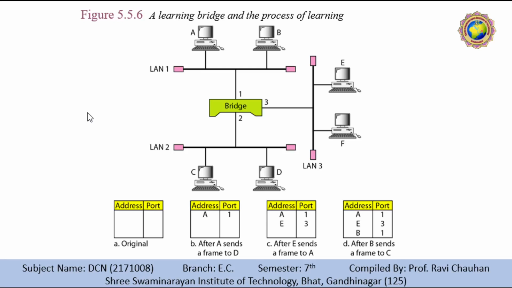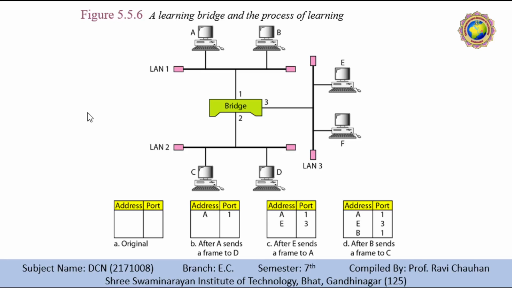A better solution to the static table is a dynamic table that maps the address to the ports automatically. To make a table dynamic, we need a bridge that gradually learns from the frame movements. As I already told you, it will learn or update the table as per the frame's movement.